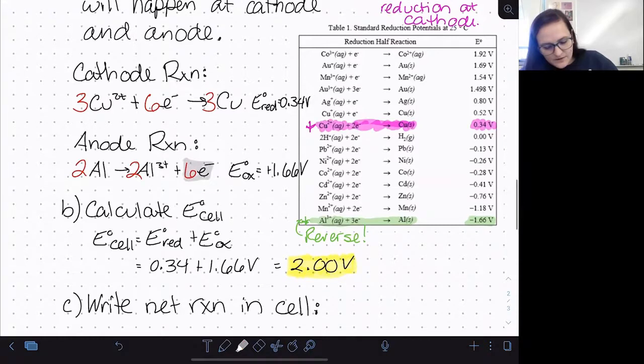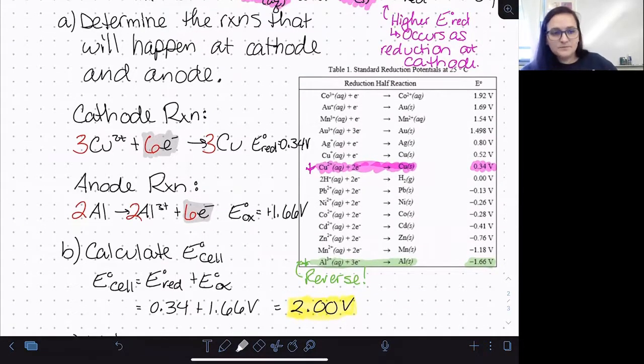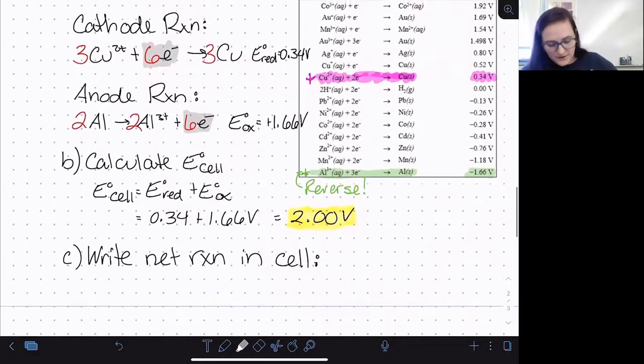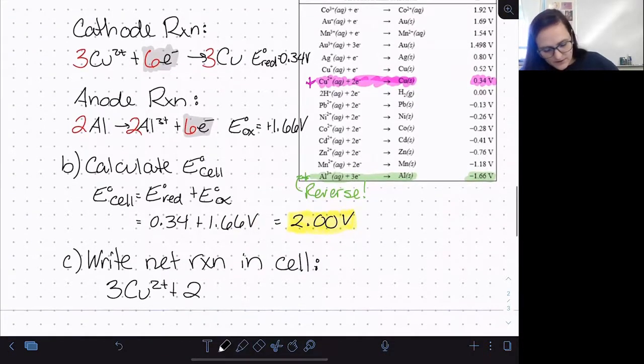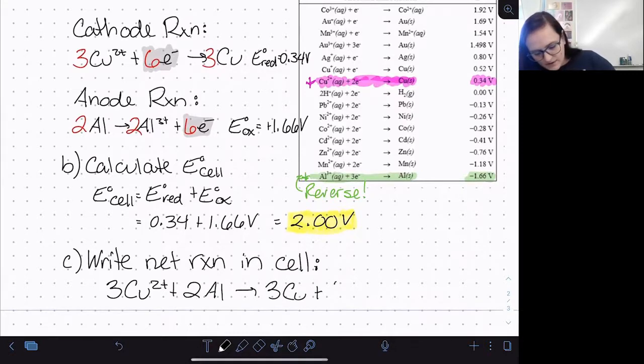So now these numbers match. Our electrons will cancel out, and we can just add our two reactions together. So the net reaction occurring in our cell will be 3 copper ions plus 2 aluminum forms 3 copper and 2 aluminum ions.